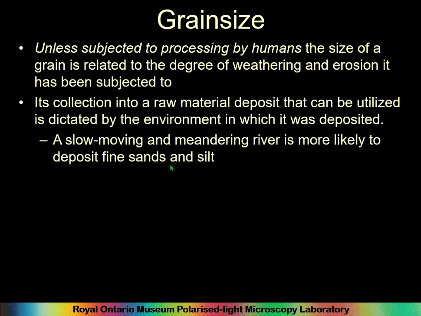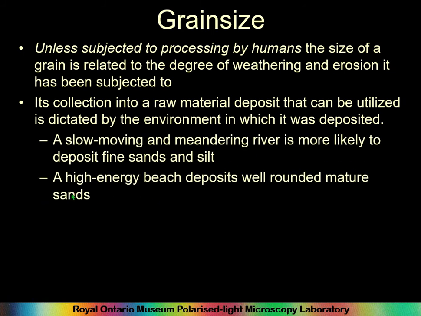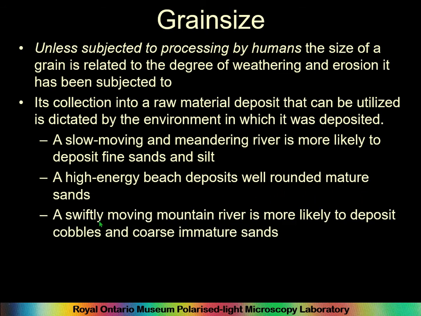So a slow-moving and meandering river is more likely to deposit fine sands and silt. A high-energy beach deposit, for example, will deposit well-rounded, mature sands, whereas a swiftly moving mountain river is more likely to deposit cobbles and coarse, immature sands.